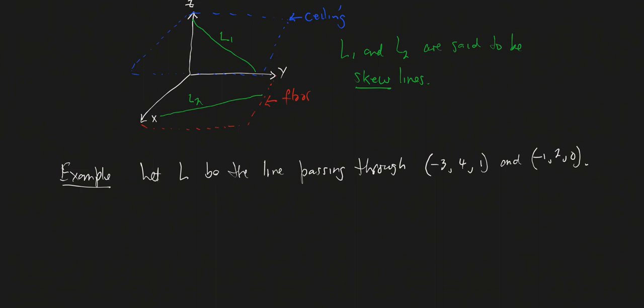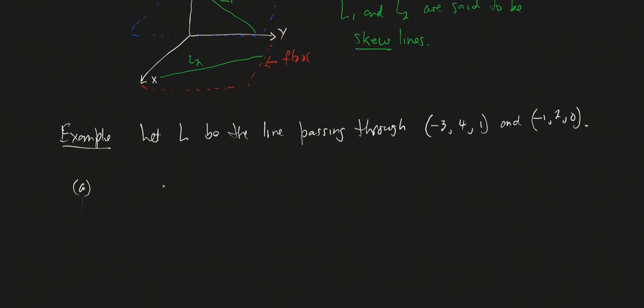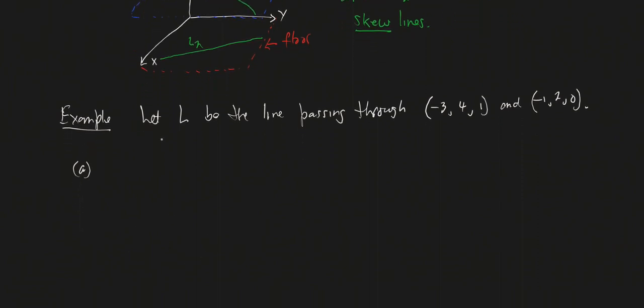So that's all we know. We have a line L, and it's passing through these 2 points. So part A: let's find the vector equation of the line. Let's do the vector and the parametric and the symmetric. So we'll find all 3 standard forms of the line L.